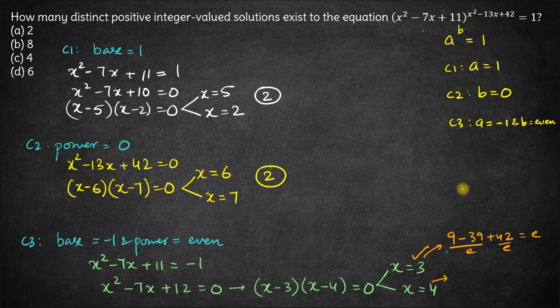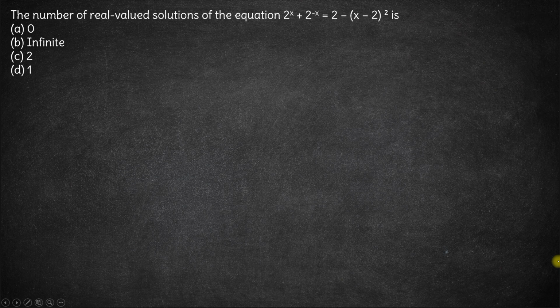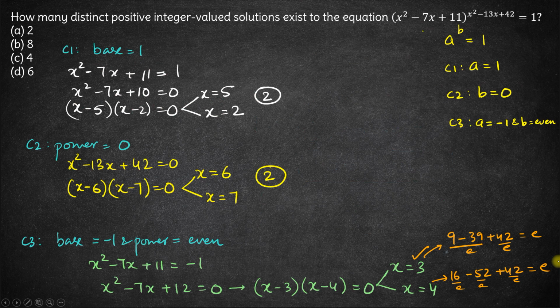When x is 4, 4 square is 16, minus 13 into 4 is 52, plus 42. Here all the terms are even, so the sum will definitely be even, right? That means this is also acceptable. We wanted the power to be even, right? So from here also we get two acceptable values.